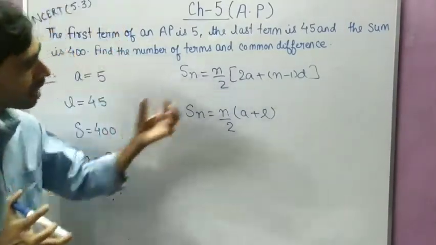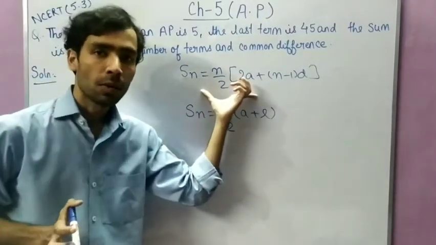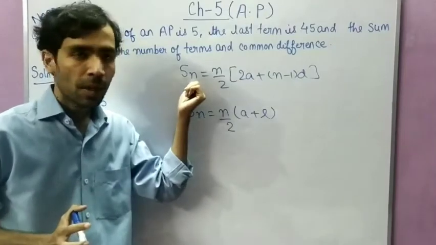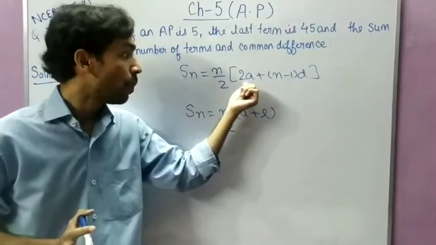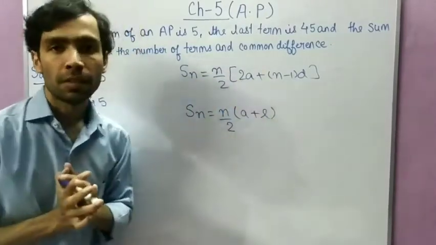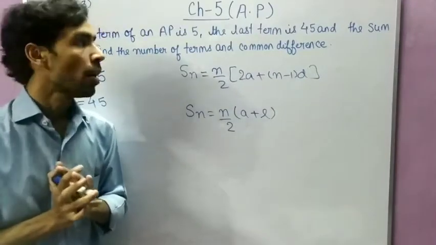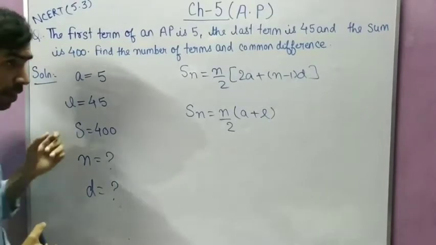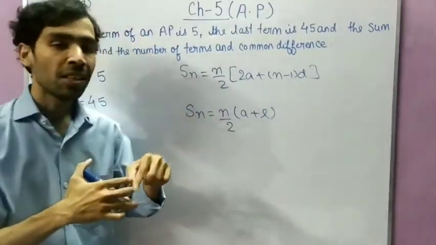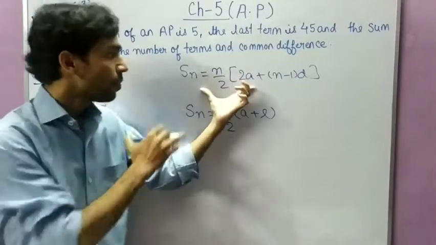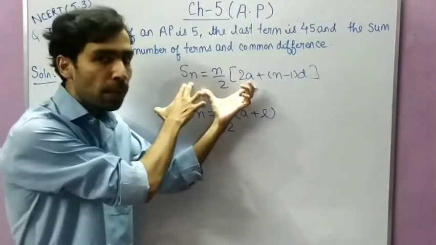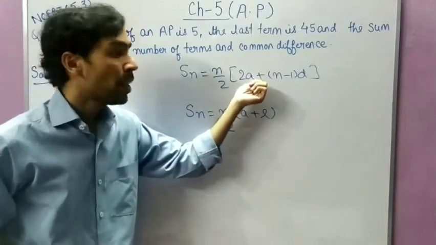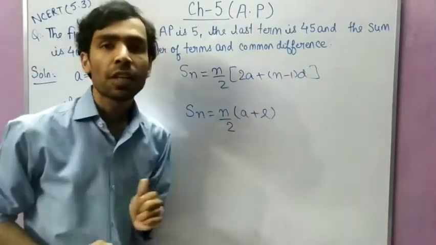Okay, suppose I have used the first one. So S is given, a is given, but n and d are not given. Are you getting my point? Whatever information is given in the question, when we put it in that formula, we can put 400 in place of S, we can put 5 in place of a, but the values of n and d are not given.